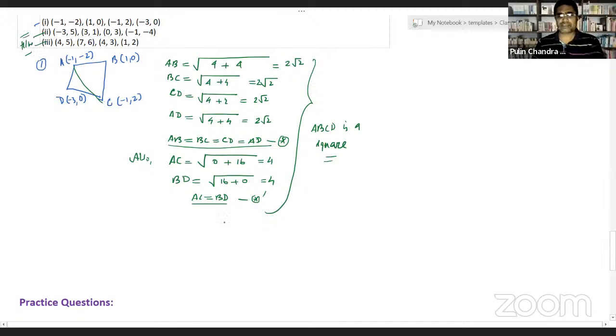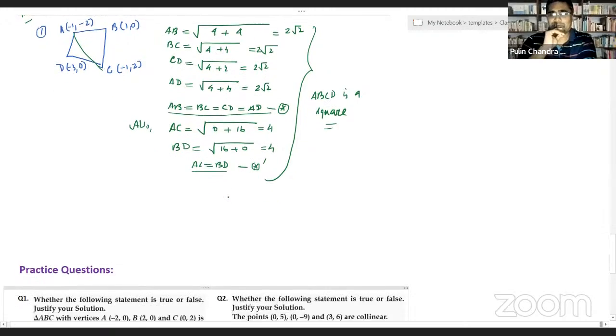All 4 sides you decide, diagonal you decide, and check whether they are forming some precise information about specific quadrilateral or not. जैसे मान लो आपको मिल गया सारे साइड्स इक्वल बट डायगोनल्स इक्वल नहीं हुआ तो इट्स रंबस. मान लेते हैं AB के साथ CD इक्वल हुआ, BC के साथ AD इक्वल हुआ. तो ये हो सकता है पैरेललोग्राम बने या फिर रेक्टेंगल बने. फिर डायगोनल बोलेगा. अगर डायगोनल इक्वल है तो रेक्टेंगल, डायगोनल अनइक्वल है तो पैरेललोग्राम. So this way you can easily justify. So this is left for you.